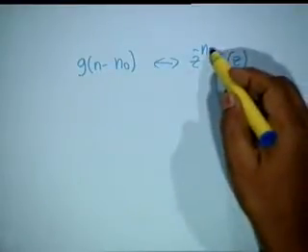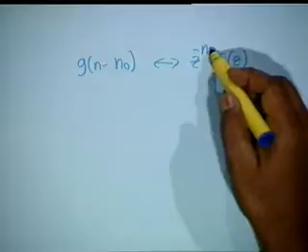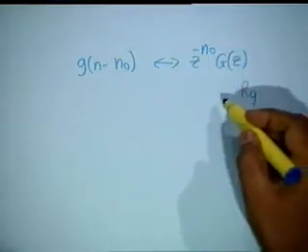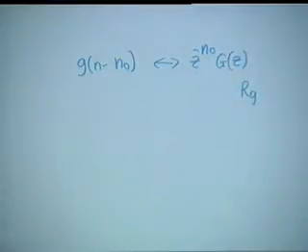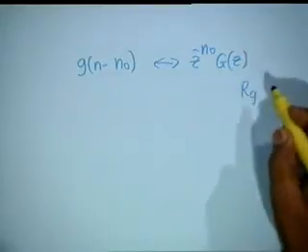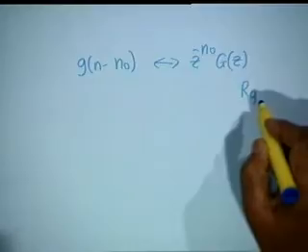Suppose your n0 is 1 and there is a term in the denominator which is Z inverse, they may cancel, and therefore it is Rg with the possible exception of Z equal to 0 or Z equal to infinity.